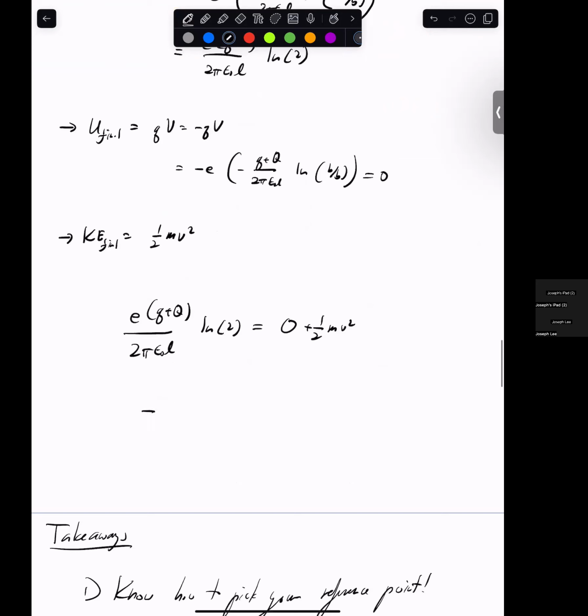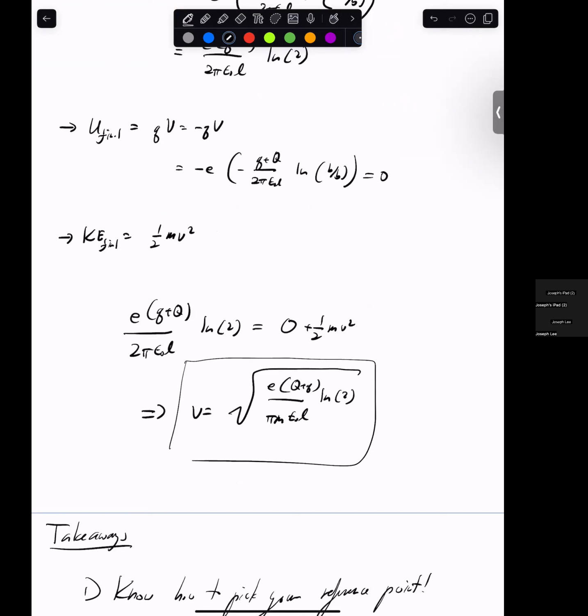And then from here, all it takes is some algebra to show that v is equal to the square root of EQ plus Q over pi m epsilon naught L, natural log of 2. And that concludes this problem.